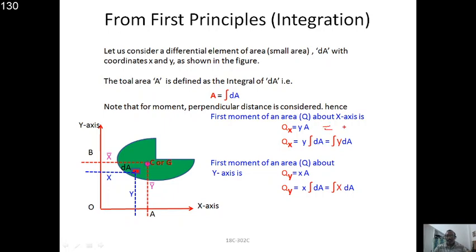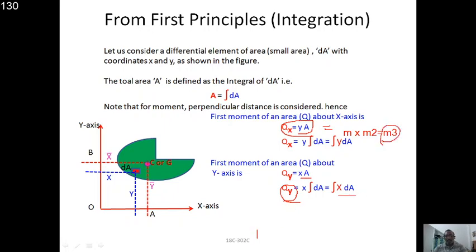It is meter into meter square, that means meter cube. So this quantity, Qx or Qy, both will give you meter cube.